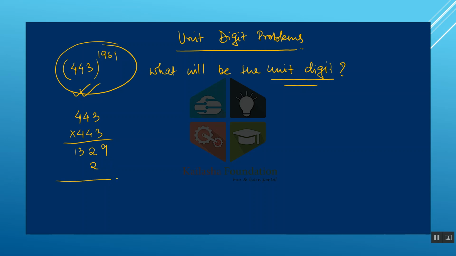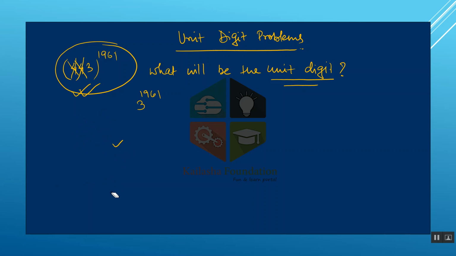But when you take the sum in the end, the unit digit comes from 3 threes are 9. So this is what matters. So for 443 raised to the power 1961, the unit digit will not be determined by this 4 or this 4. The unit digit will be determined by 3 raised to the power 1961.